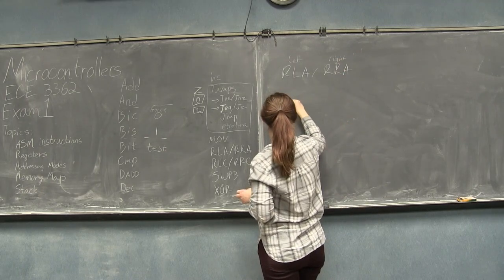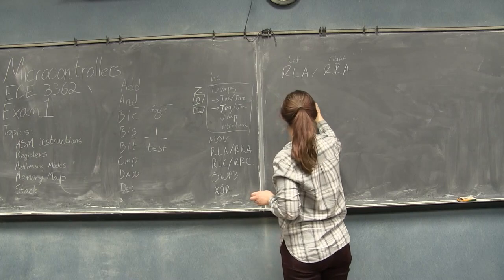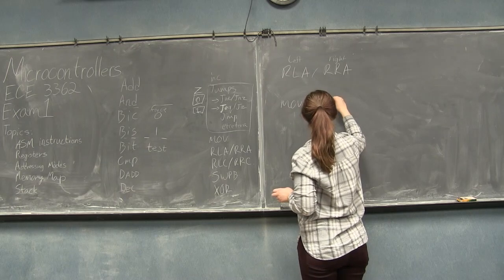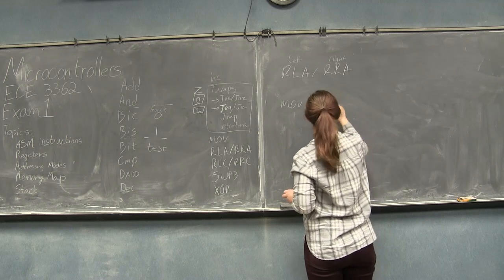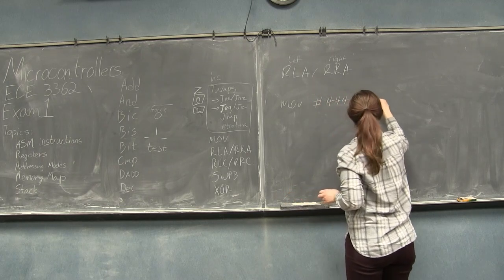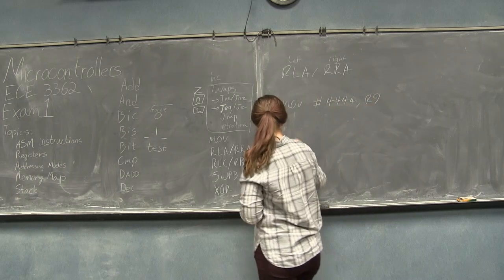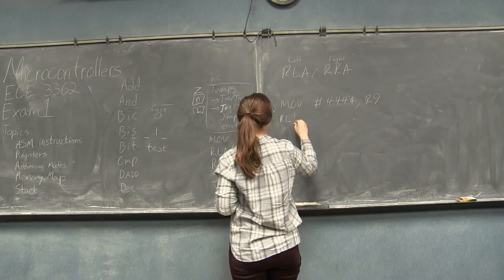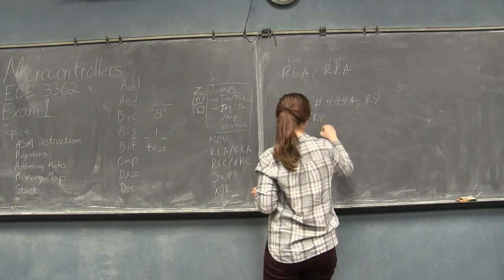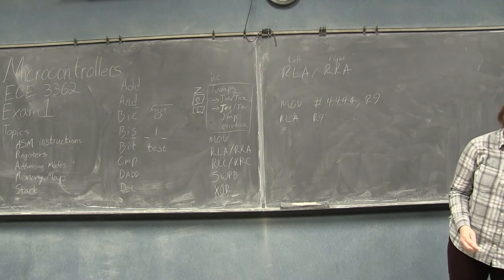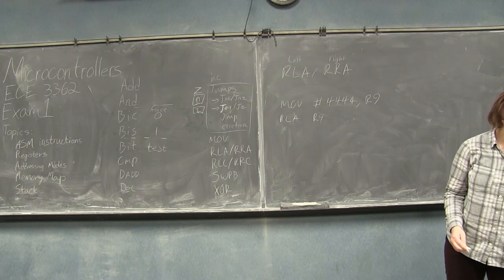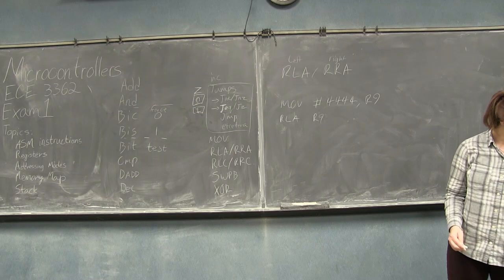So if you have, let's say, 4, 4, 4, 4 into R9, and you would rotate on R9.